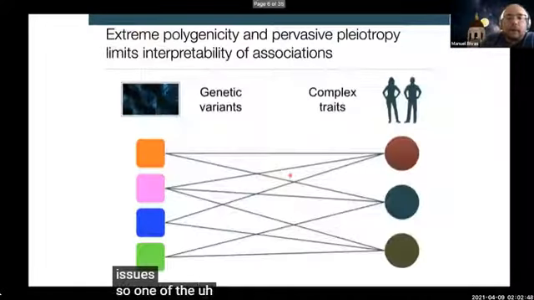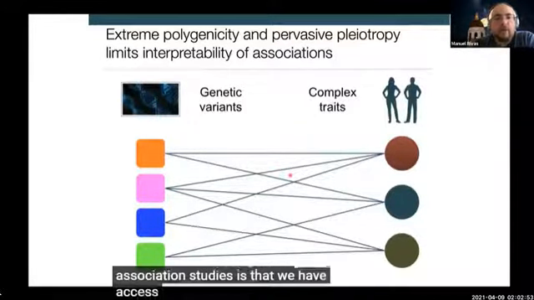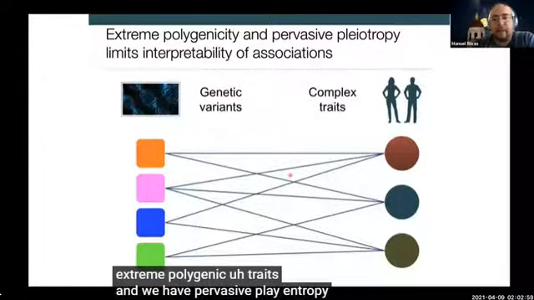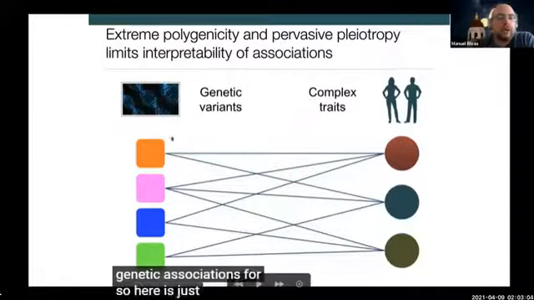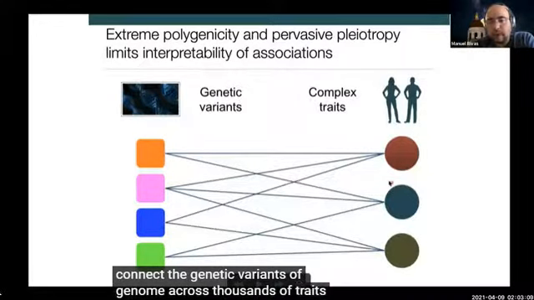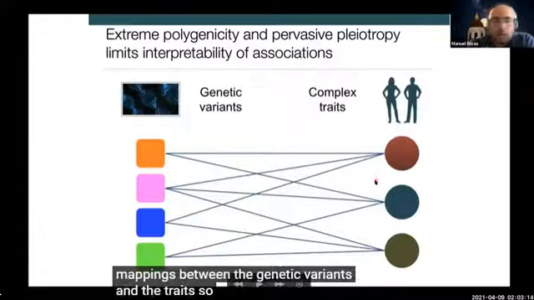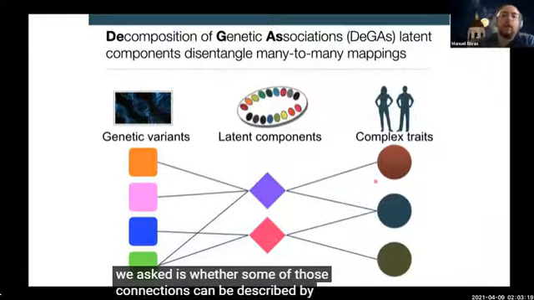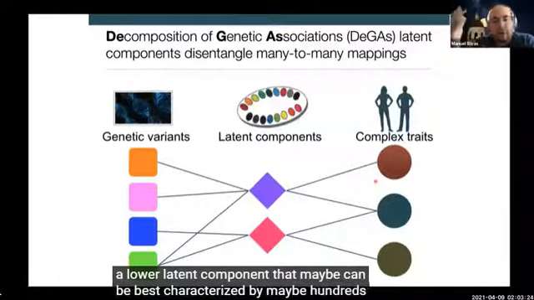One of the nice things about the characteristics of genetic association studies is that we have access to extreme polygenic traits, and we have pervasive pleiotropy, which sometimes limits the interpretability of genetic associations. Here is a diagram where we connect the genetic variants of the genome across thousands of traits, and you see many connections, mappings between the genetic variants and the traits. One of the questions we asked is whether some of those connections can be described by a lower latent component that can be best characterized by maybe hundreds of components.